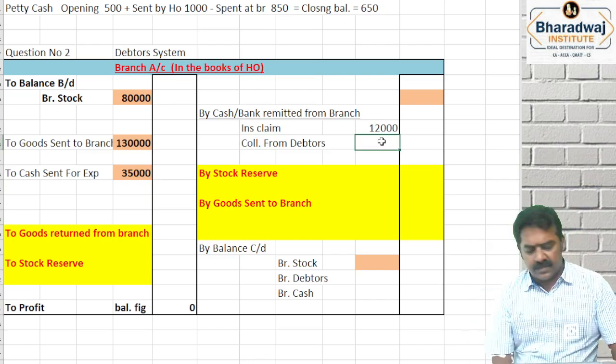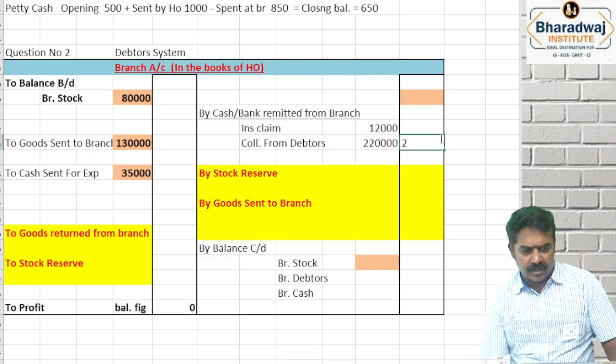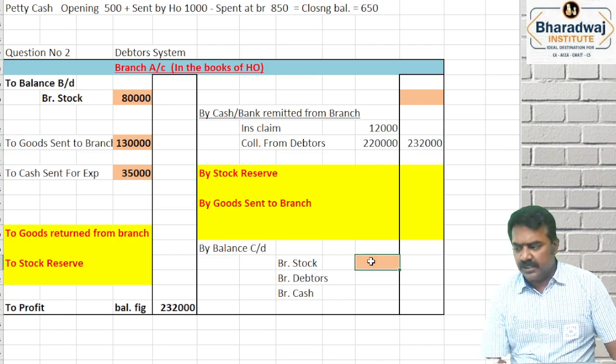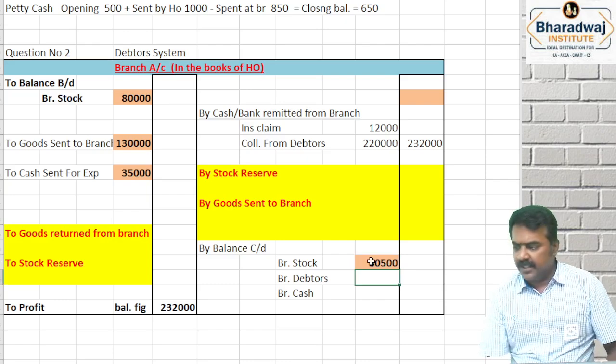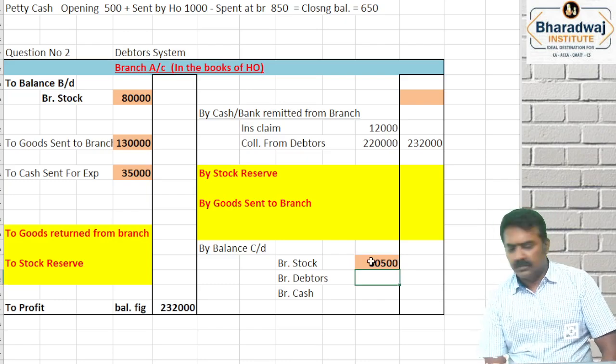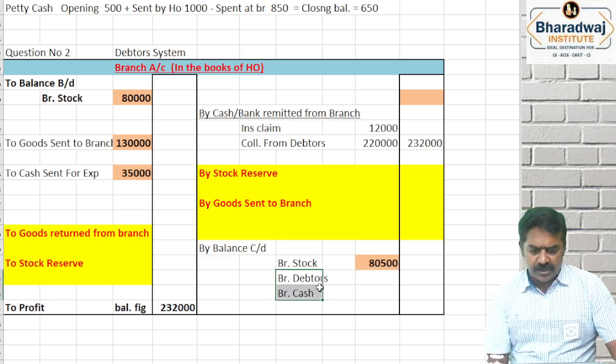What is the credit sales? 2,32,000. What is the closing stock given in the question? Invoice price 80,500. Closing debtors? No. Closing cash not available.